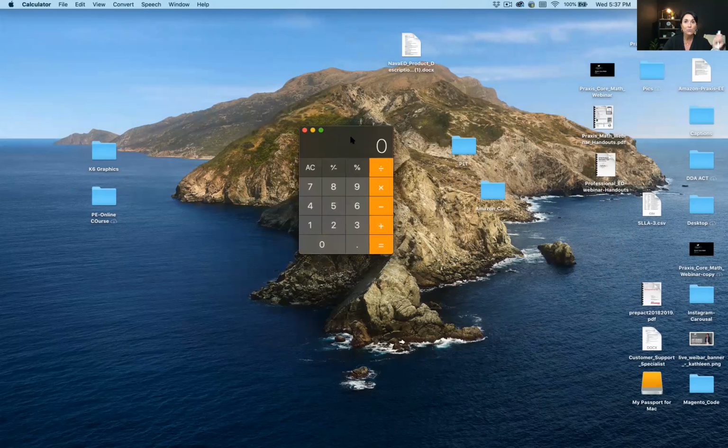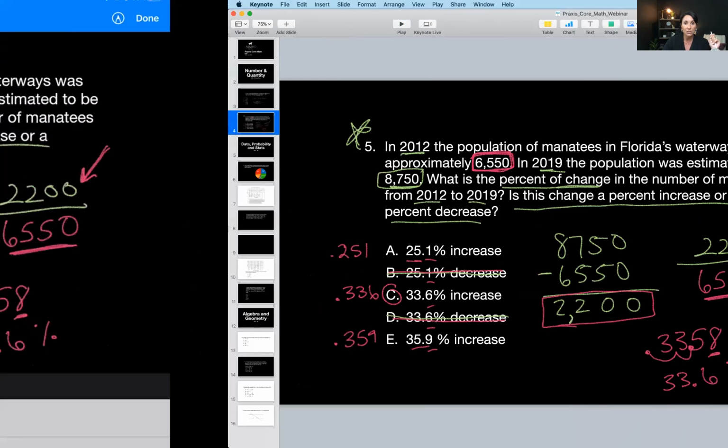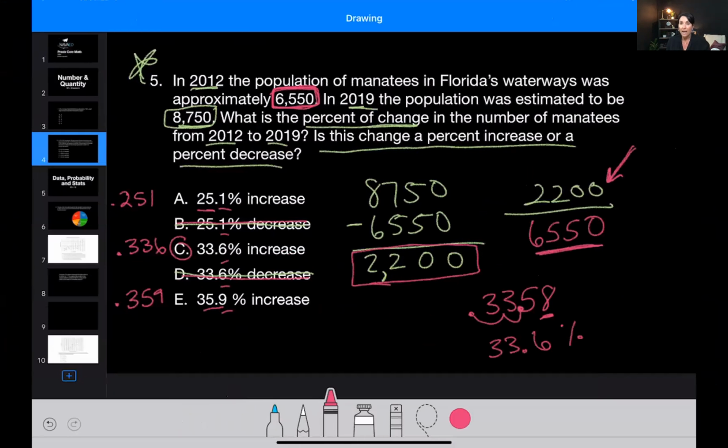Now, I recommend you pull this up on your computer and use this calculator when you practice, because you're not going to be able to do the handheld. I'm using the handheld because it makes it easier for me in presentation mode. You don't have that luxury. Now, if you're watching this webinar and you're taking the FTCE GK math, you can get a handheld calculator.